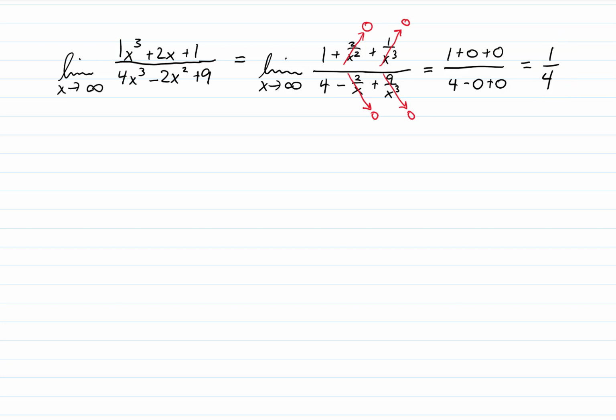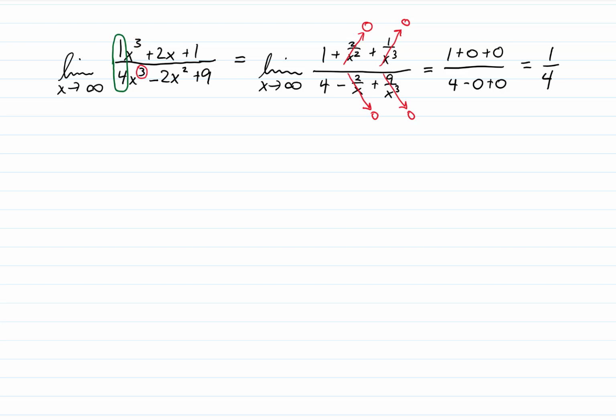And that happens anytime the degree of the numerator equals the degree of the denominator. Then the limit as x goes to infinity, and it would be the same if it was negative infinity, ends up equaling what we call the ratio of the leading coefficients.